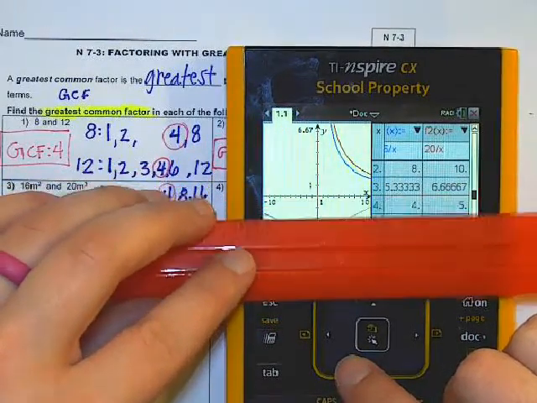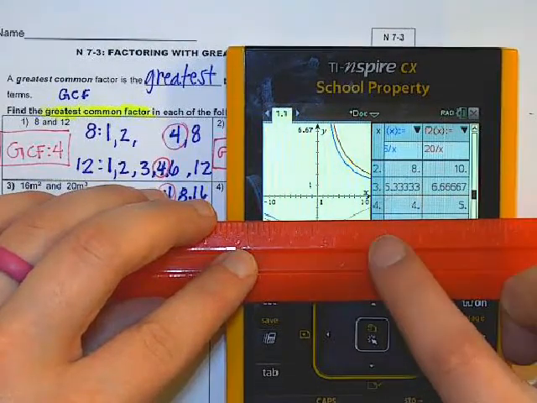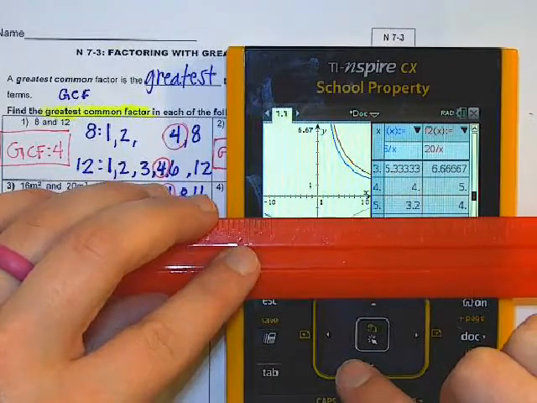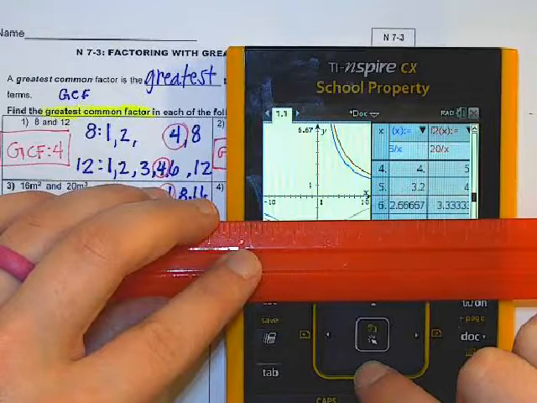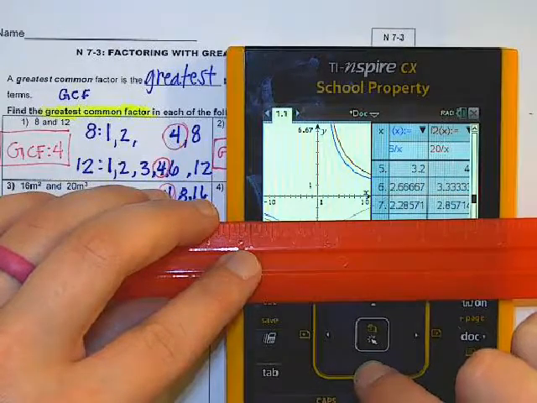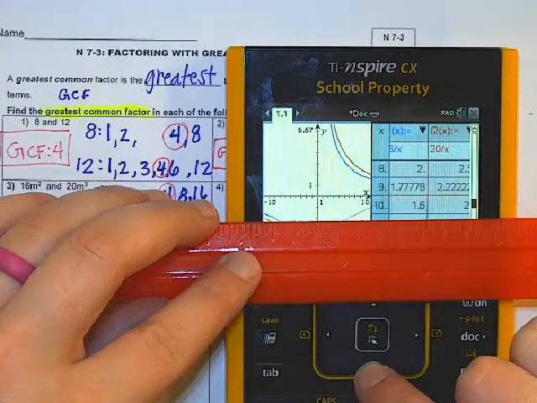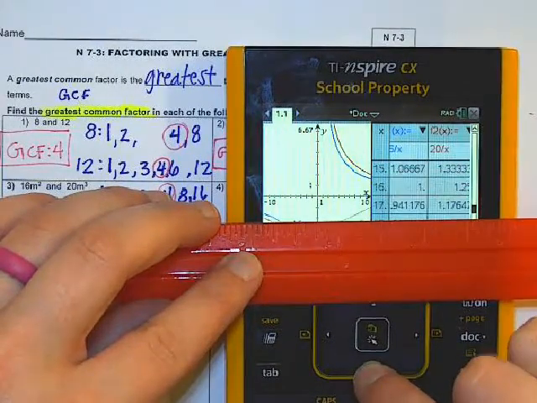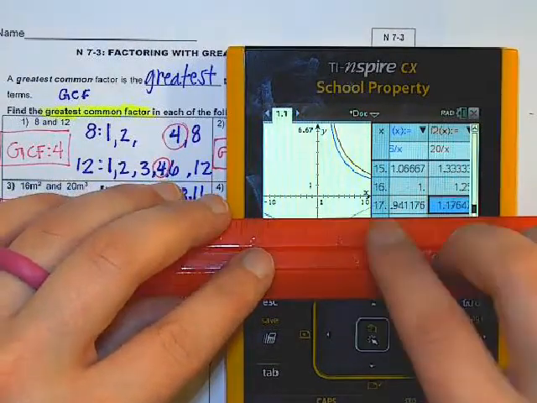What about 4? Does 4 work? Yes. Why does 4 work? They both have whole numbers. Does 5 work? No, because it has a decimal. 6? No. 7? No. 8? No. It's got a decimal. 9, decimal. 10, decimal. Okay. And so on. And you can go all the way to 16, because 16 is going to be the greatest one because my smallest number is 16.